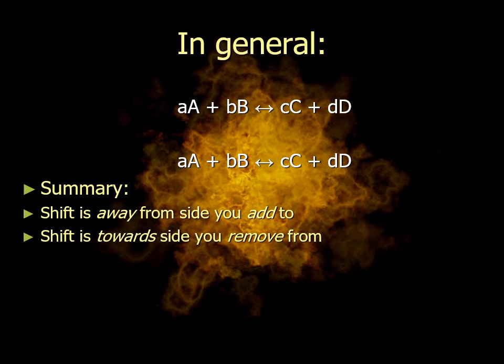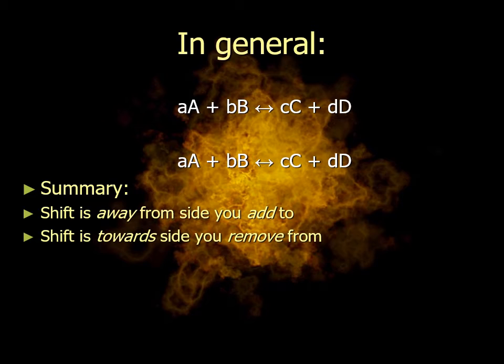Now logically, we can predict what's going to happen when you remove a reactant or a product. So if the system shifted away from the side that you add to, surely it is logical that then it would shift towards the side that you remove from.